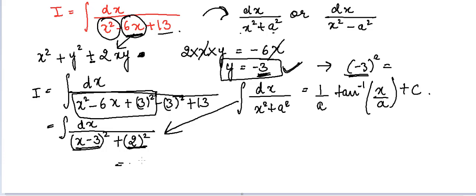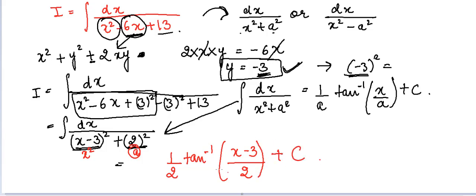What will be the answer? 1 upon a, and this is your a, so 1 upon 2 tan inverse of (x minus 3) upon 2, plus c. So if you find such types of problems, you can just change it into a perfect square and solve the question.